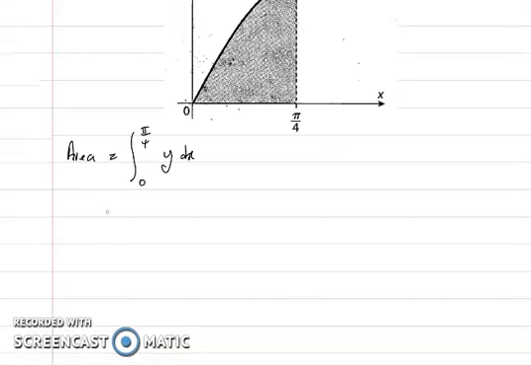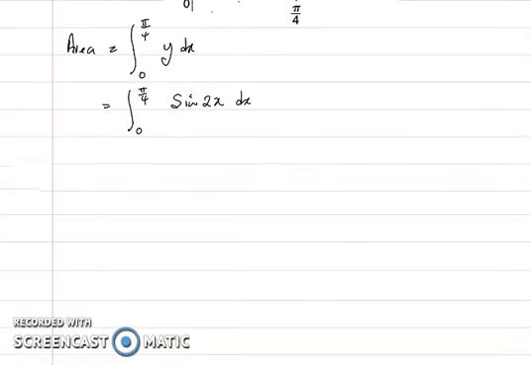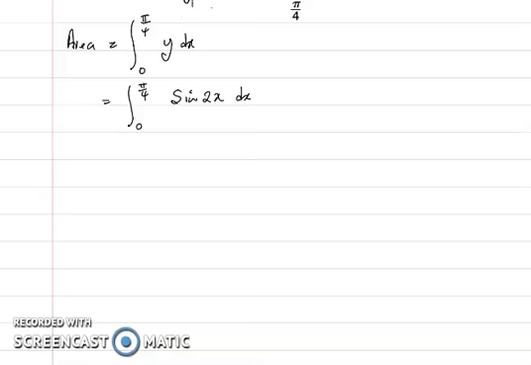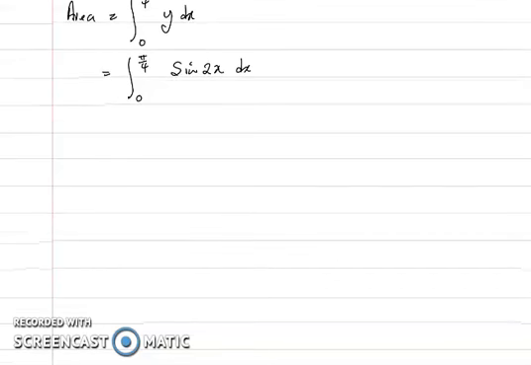So this area would be equal to the integral from 0 to pi by 4 of sine 2x dx. Now, whenever I differentiate cos, we get minus sine. So if I integrate sine, I'm going to get minus cos.